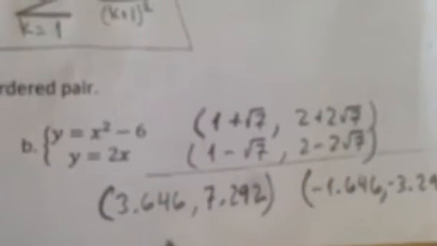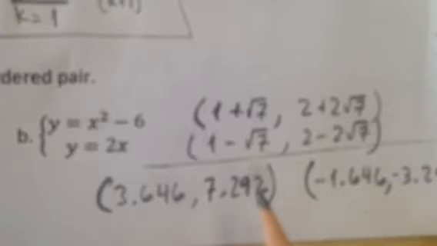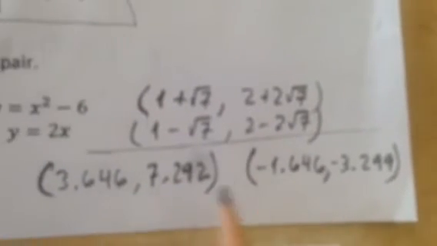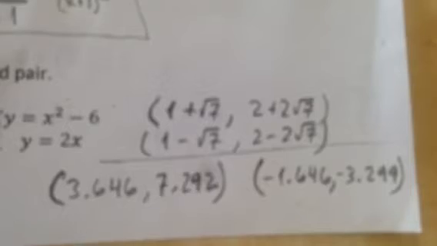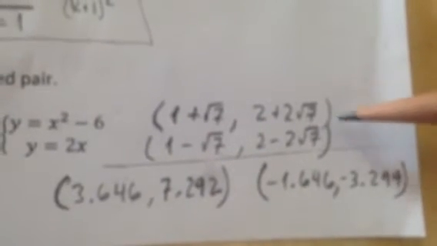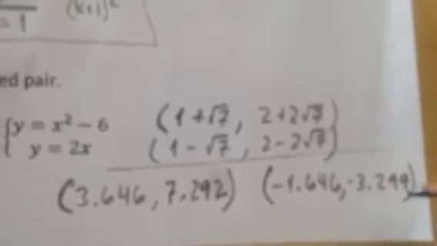And if you went calculator on it, you would get these numbers here: 3.6, comma 7.3 maybe, and then -1.6, comma 3.3, something rounding off someplace. So there's your answer in exact form right there and in approximate form down there.